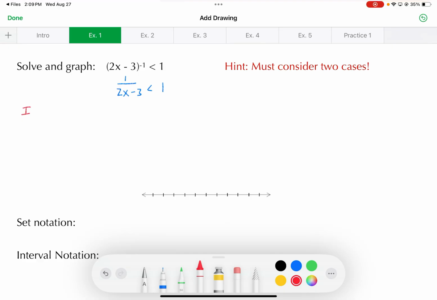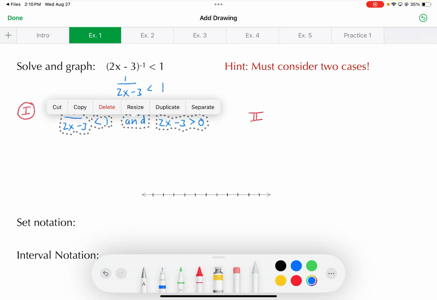So let's call this first one case 1. We're going to say 1 over 2x minus 3 is less than 1, and we're going to say that the 2x minus 3 that we want to multiply by is a positive value, greater than 0. Okay? And then our second case, what we can do is let's just copy all of this again.